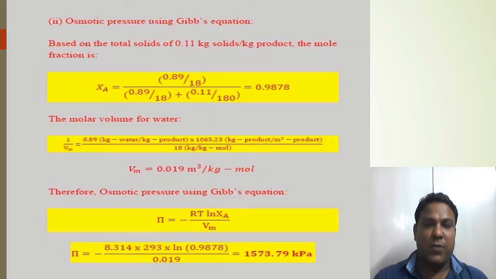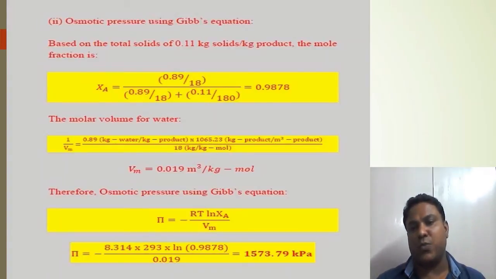Further, osmotic pressure using the Gibbs equation, based on total solution, we have to find the mole fraction XA. This is 0.89 upon 18 divided by 0.89 upon 18 plus 0.11 upon 180, that gives 0.9878.